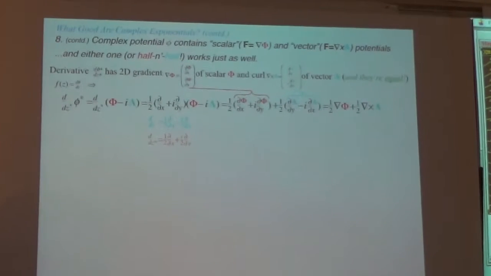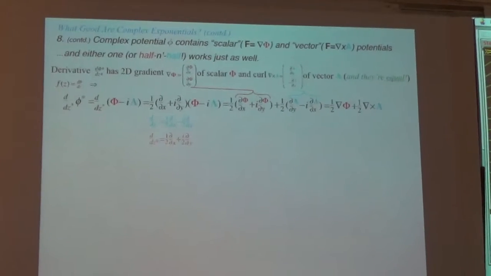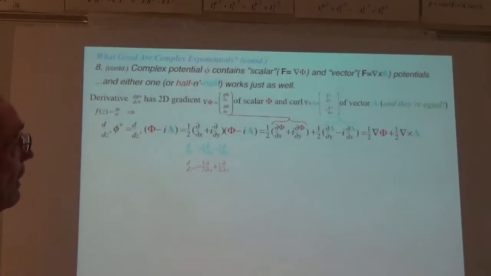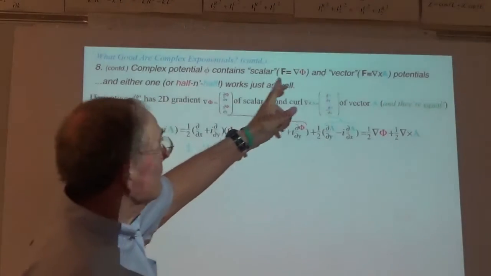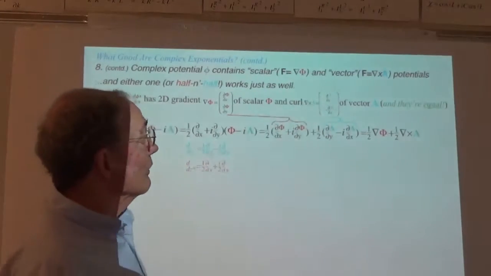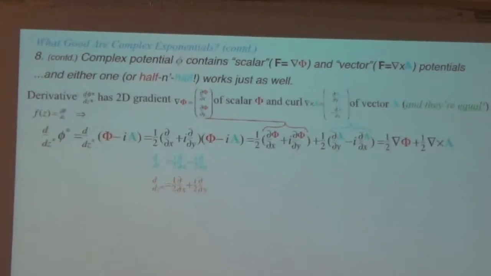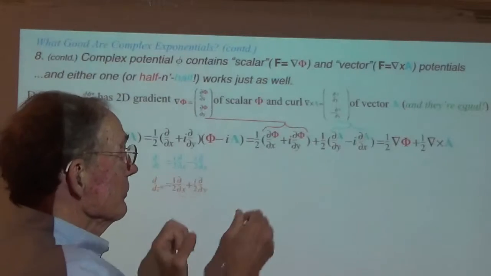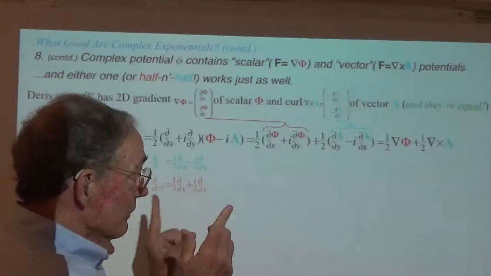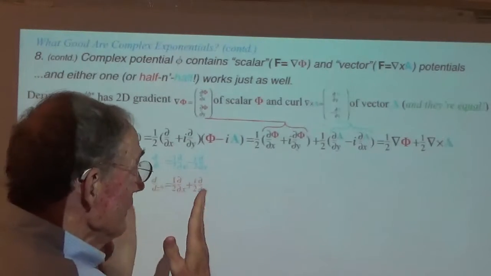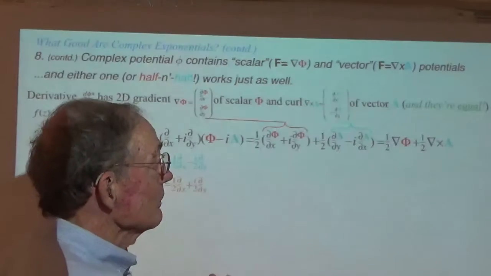Okay. Now, the next thing to look at is how do you describe the gradient and the curl in this half and half formulas. And I say half and half because you see that field can be made equally. I'm going to say this again, but I want to make it clear right now.